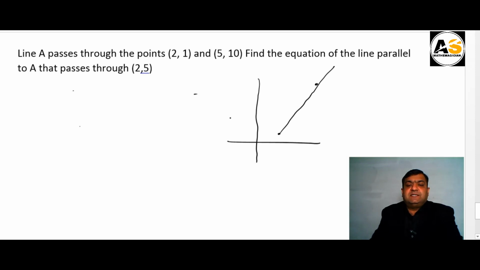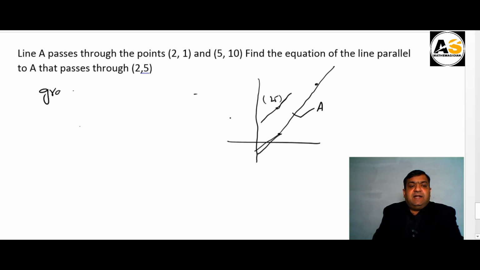We need to form the equation of a line which is parallel to this line and passes through 2, 5. This is point 2, 5.